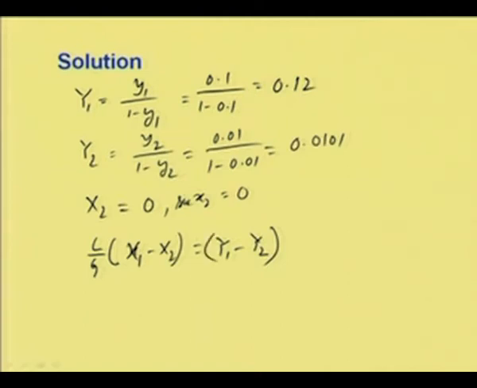So from this, we know this is 2.07 into X1 minus 0 is equal to 0.12 minus 0.0101. So from this, X1 would be 0.053.